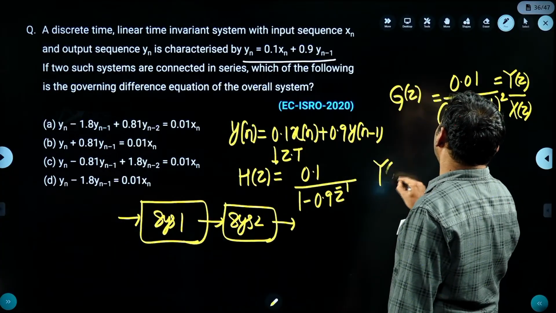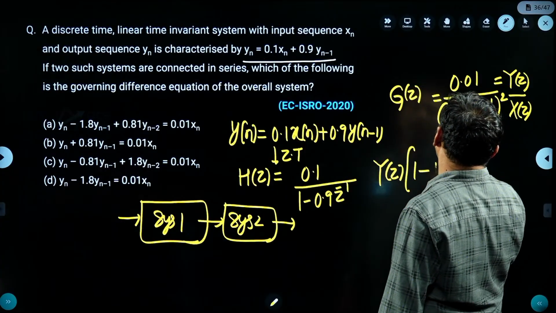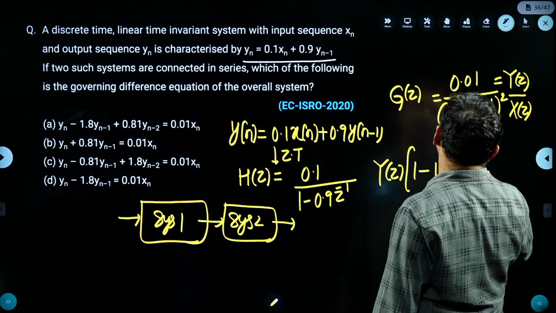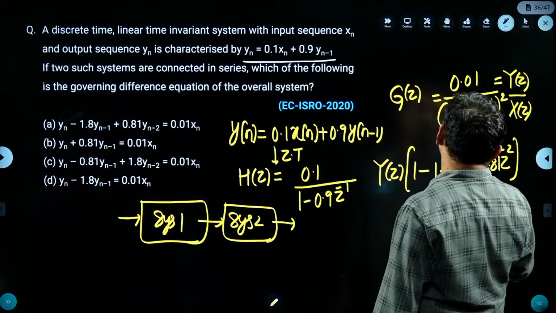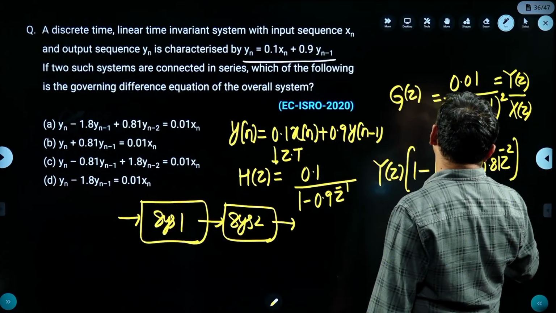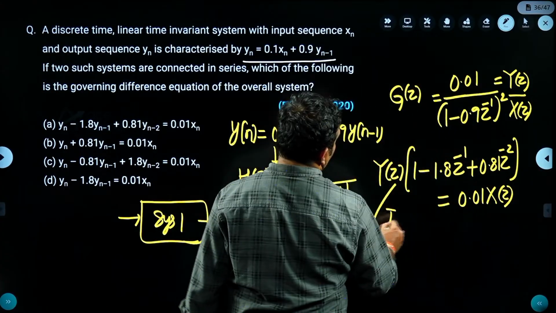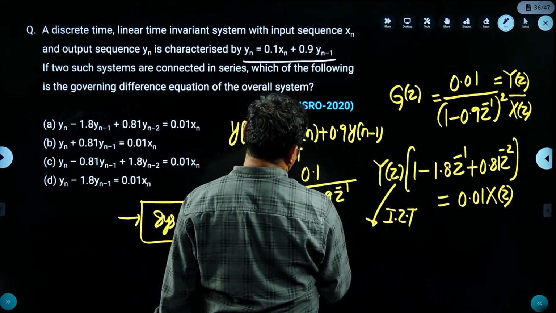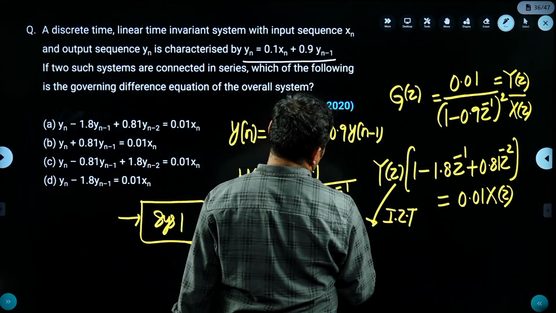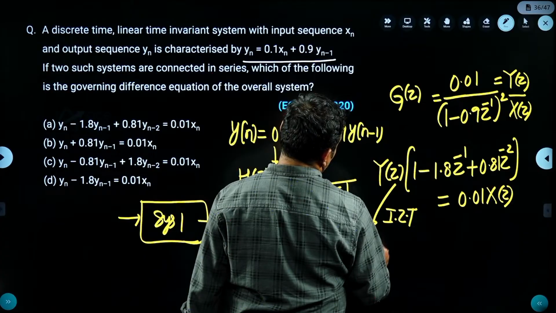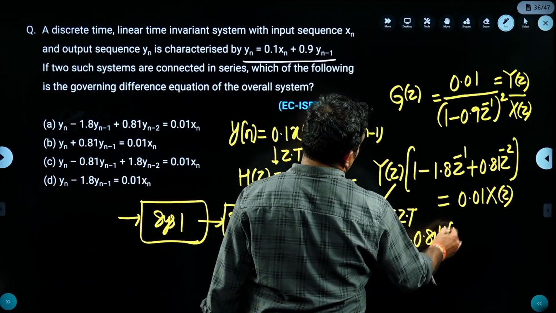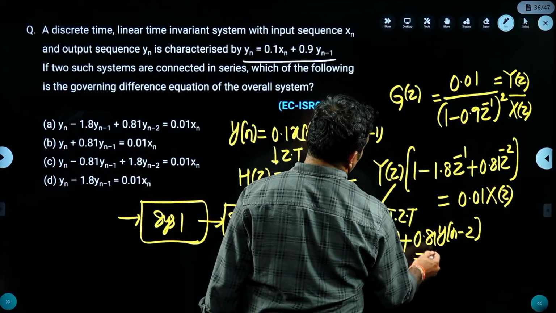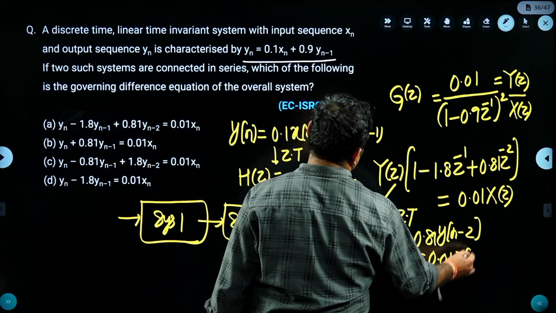So Y(z) (1 - 1.8 z^-1 + 0.81 z^-2) = 0.01 X(z). After taking the inverse Z transform, what will be our expression? y[n] - 1.8 y[n-1] + 0.81 y[n-2] = 0.01 x[n].